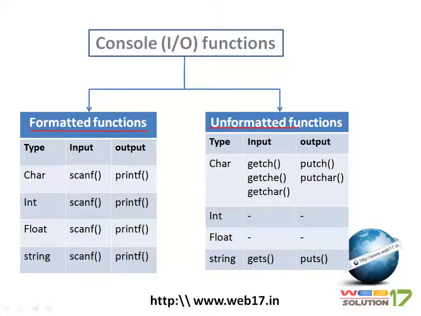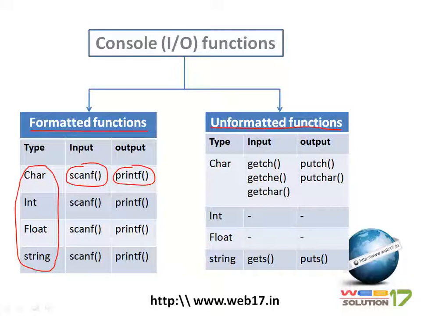In formatted functions we use only scanf for input and printf for output. All types of data we can insert with the help of input functions, and we print the data on the screen using the printf function.